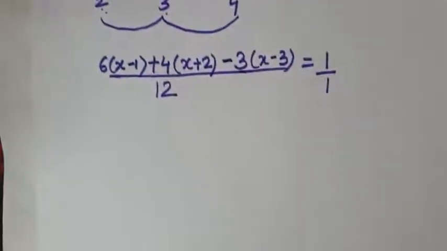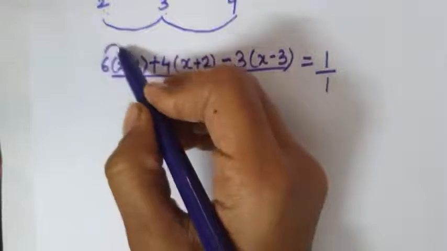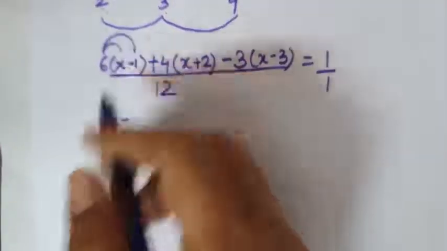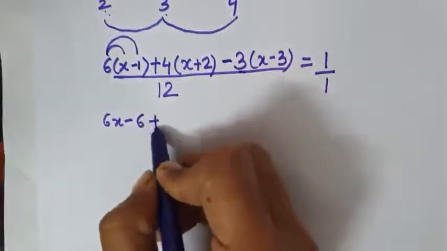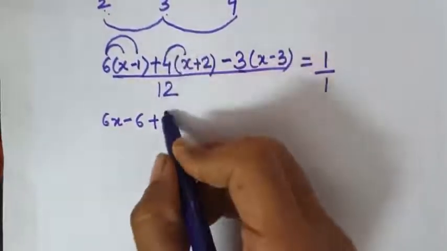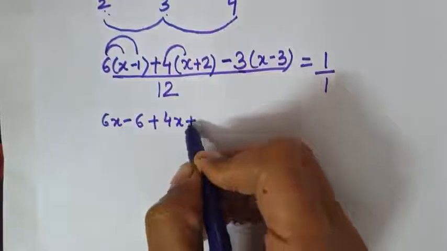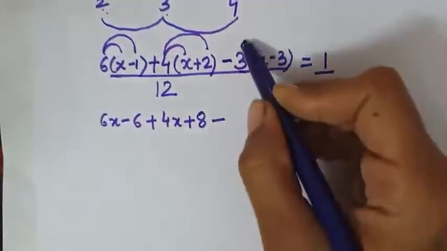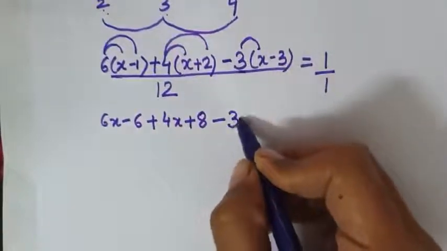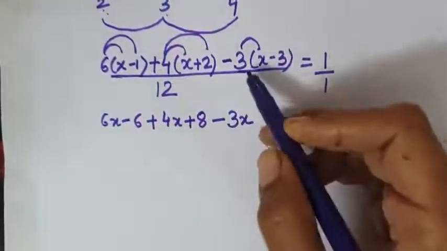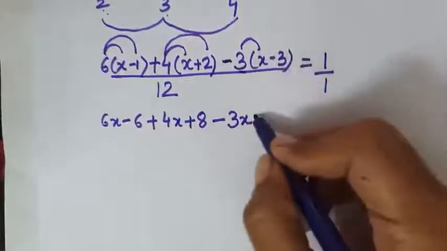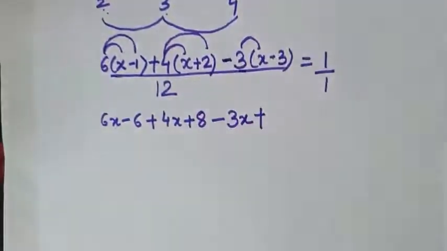Now start simplifying. 6 into x, 6x, 6 into 1, 6, plus 4 into x, 4x, 4 into 2, 8, 3 into x, 3x. Now wait, minus sign is there, so minus will become plus.